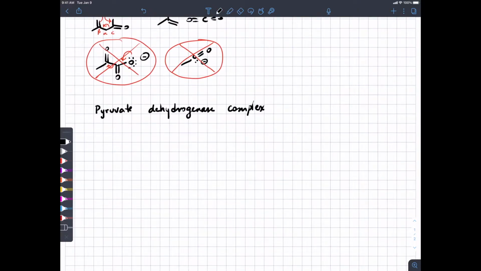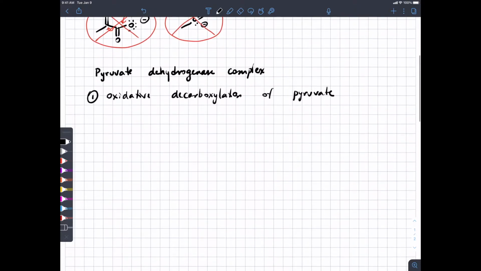Okay, so step 1 is really the oxidation step. We'll call this oxidative decarboxylation of pyruvate.